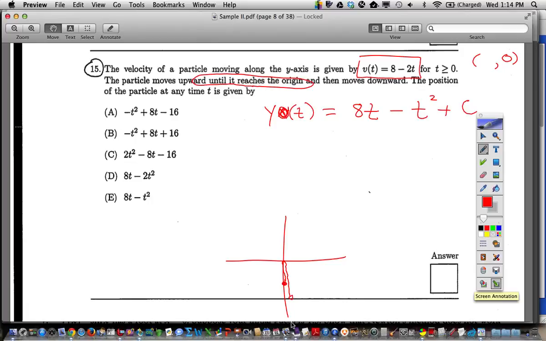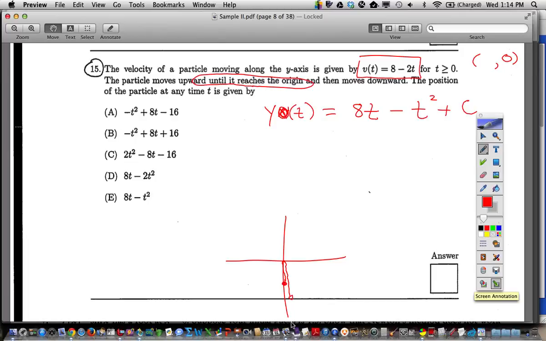Now here's how we would actually possibly work this out. We would have to figure out, well, I'm not even sure we have enough information. Just set the velocity equal to 0. Oh, yeah. If we set the velocity equal to 0, since it turns around, that's the key, right? It turns around when it's at the origin.